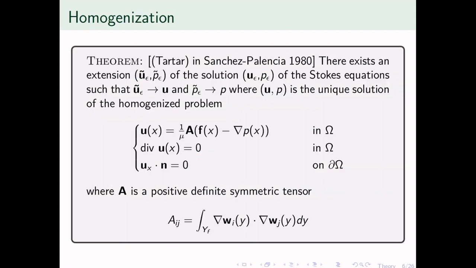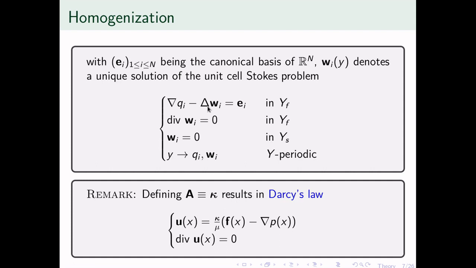The theoretical justification is based on the homogenization theory, which is usually a form of asymptotic expansion of the velocity field here and the pressure field, and this homogenization will result in a theoretical justification for Darcy's law.